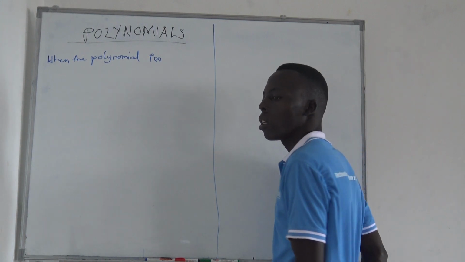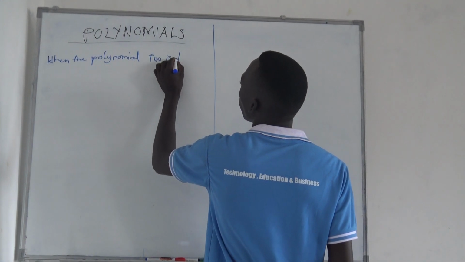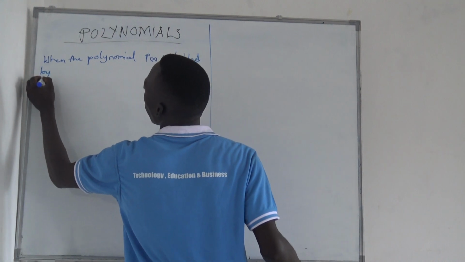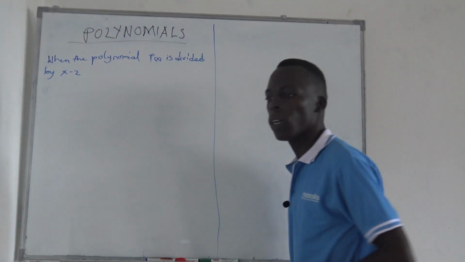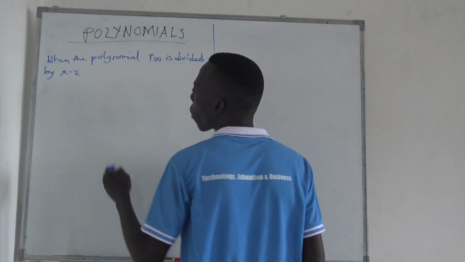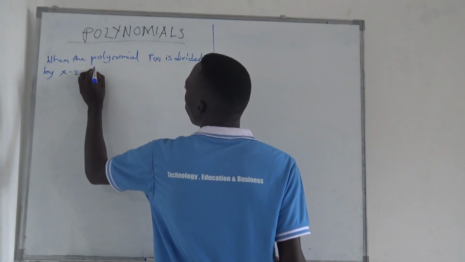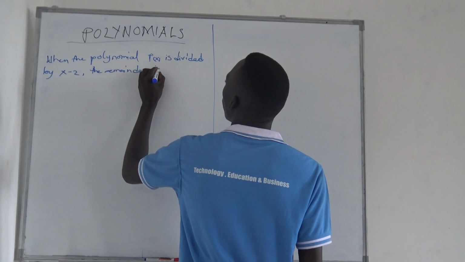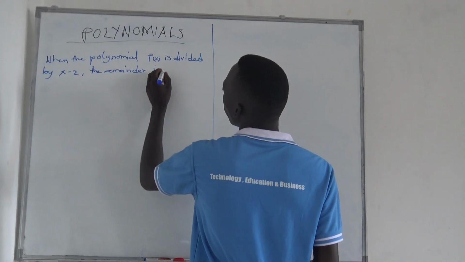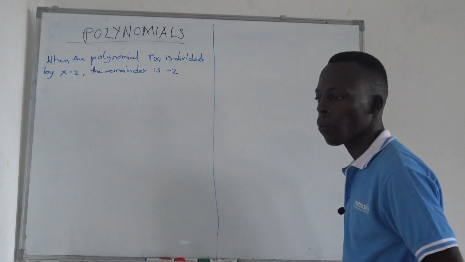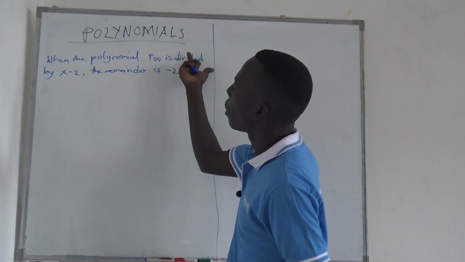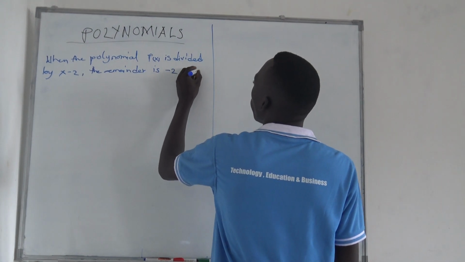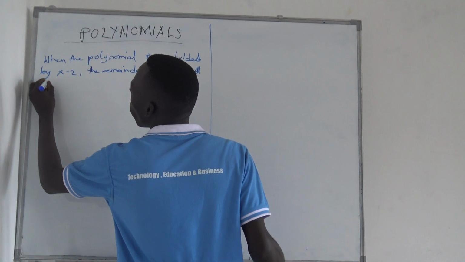They are saying that it is divided by x minus 2, and the remainder is negative 2. So that means when divided by x minus 2, it gives negative 2.